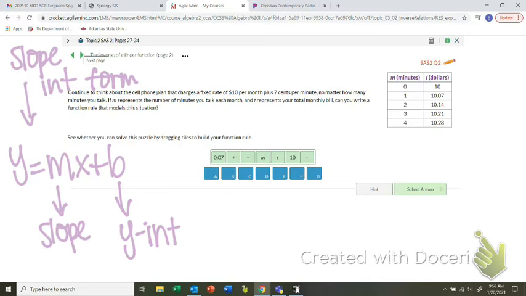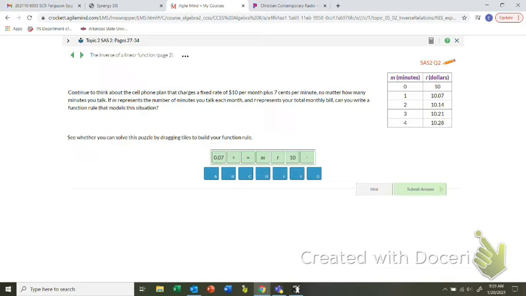So it says write a function rule that models the situation in question 1. Our overall total is what we need to start with, so obviously that is going to be T equals. If we're following the slope-intercept form, we have mx plus b. We just said that slope was m. So what is our slope? What's increasing every month, and by how much?